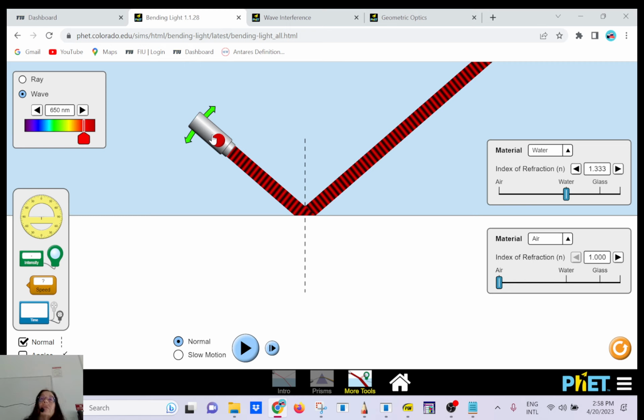So this is called total reflection, and that only happens when you go from slow to fast. It doesn't happen when you go from fast to slow. So if someone is trying to look at you, you will be invisible in that case.